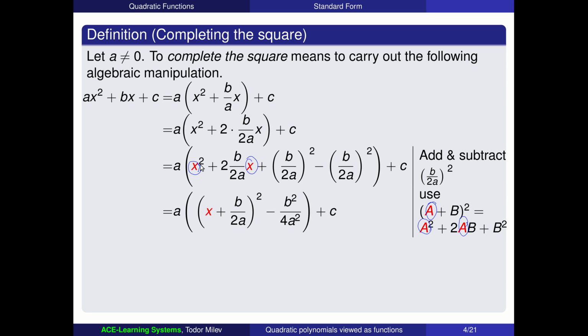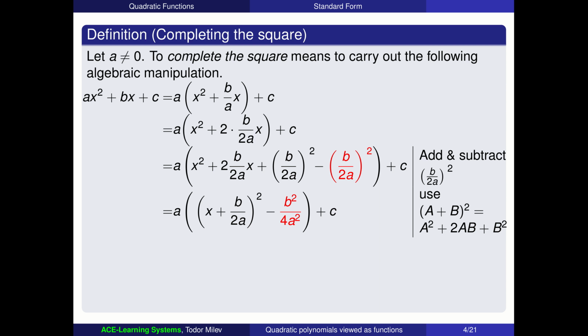You can see the same two positions for the letter x, and the role of the letter b is taken by the expression b over 2a. Of course, b over 2a, the whole thing squared, is b squared over 4a squared.